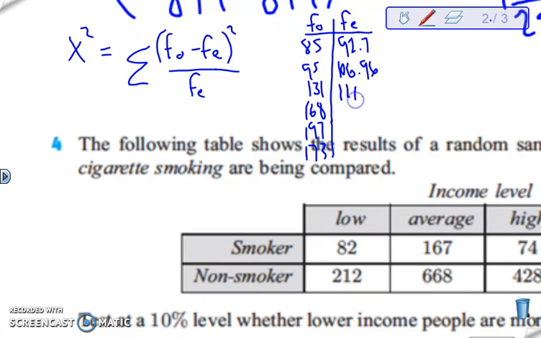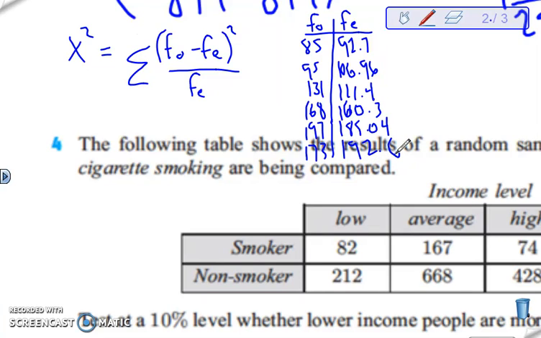So going across: 160.3, 185.04, and then 192.6.